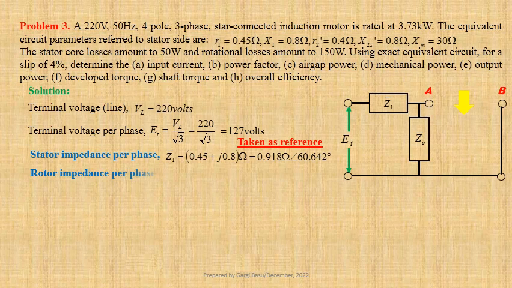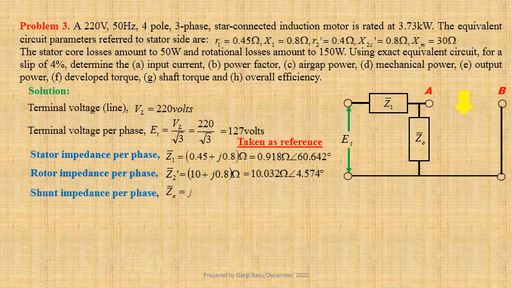Rotor impedance per phase referred to the stator Z2' equals 10 plus j times 0.8 ohm, that is equal to 10.032 ohm at an angle 4.574 degree, and shunt impedance per phase Z0 equals jXm equals j times 30 ohm.